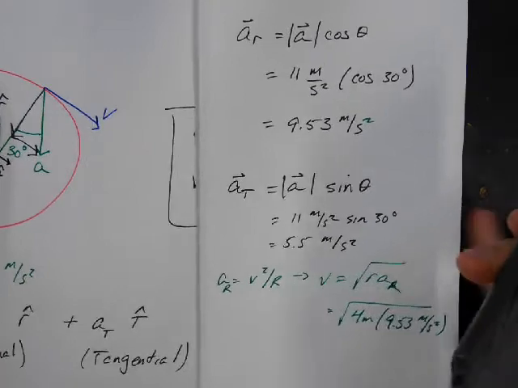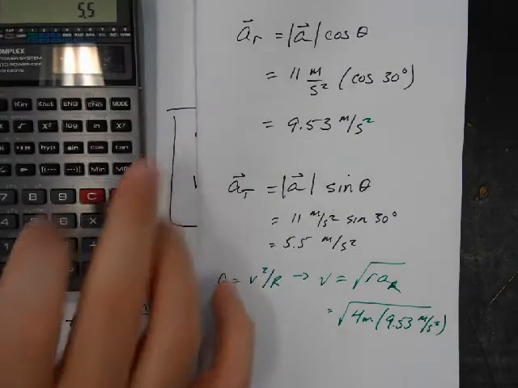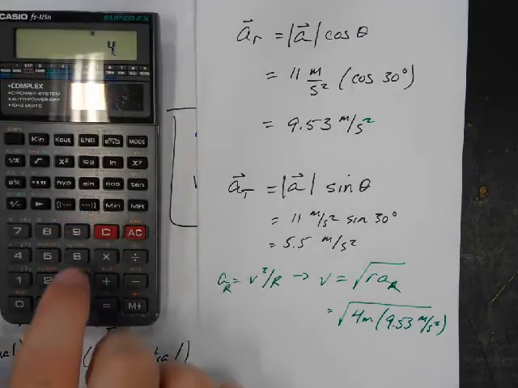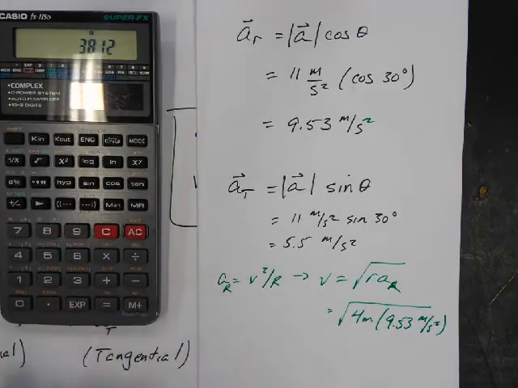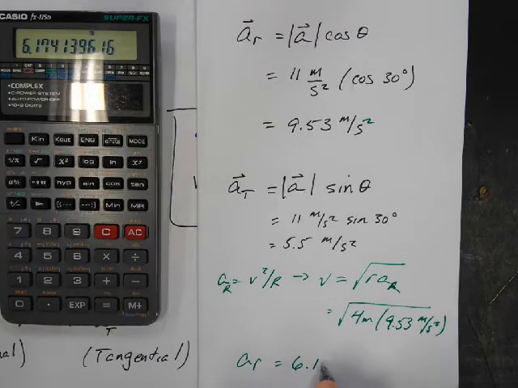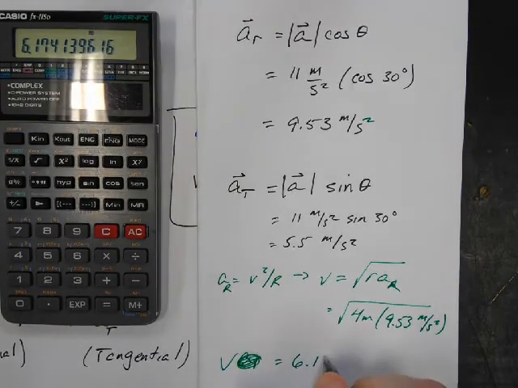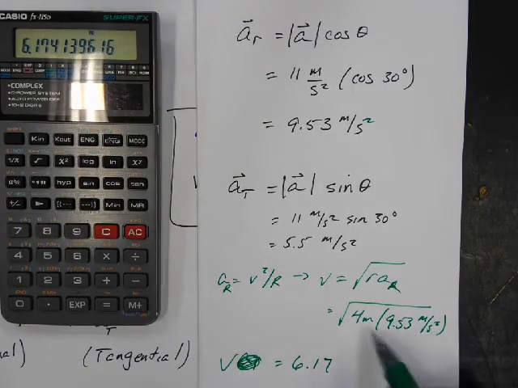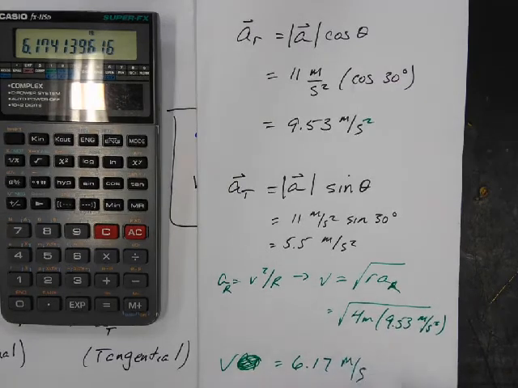I'm running off the page, sorry about that. But we'll see, 4 times 9.53, take a square root, this is the velocity, 6.17, and then what we have is meters per second squared times meters, so everything squared, take a square root, should be meters per second.